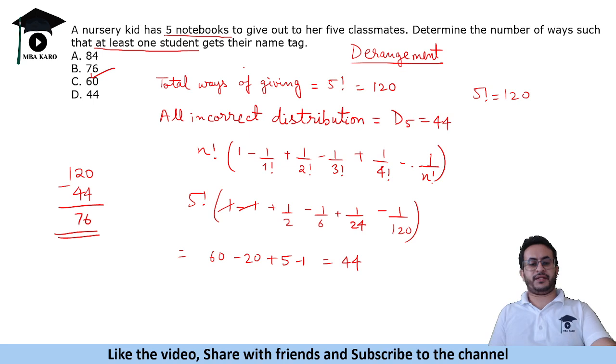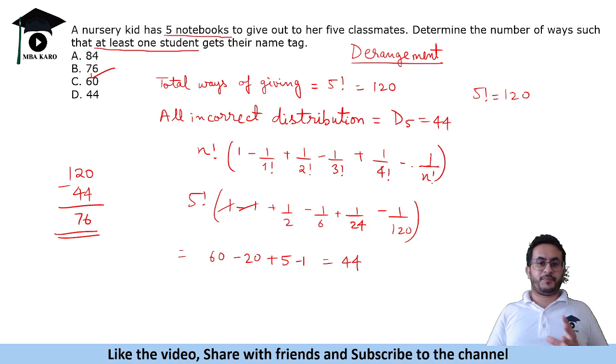the correct name tag. Okay, so these derangement based questions, like permutation and combination, are quite vast, and if you wish to study in detail, then study from a proper book and a proper source, because there are a lot of topics and you never know what might be tested in an examination.